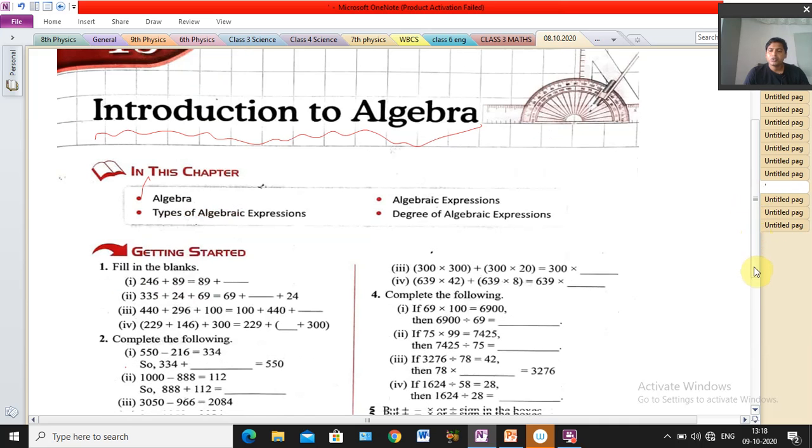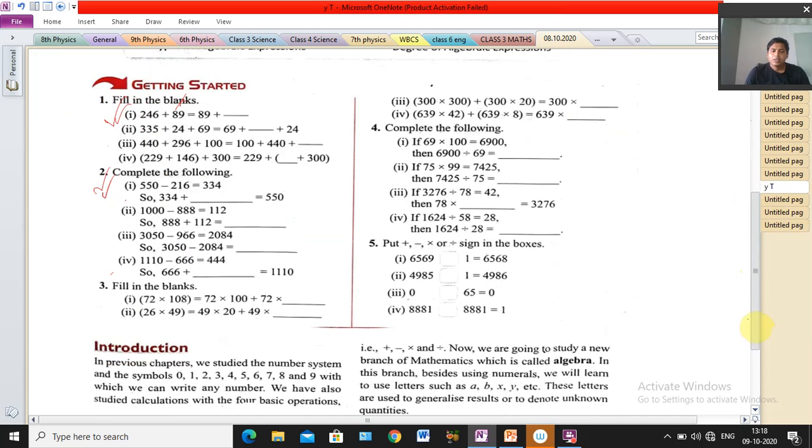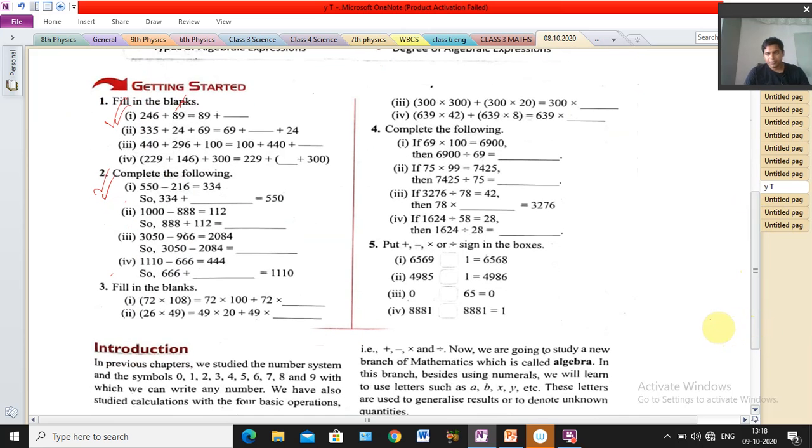We did them also. Here you can see fill in the blanks and complete the following, this type of problem. Basically in this chapter, algebra, we will do this type of problem, but here a few variables are there, which we will discuss.